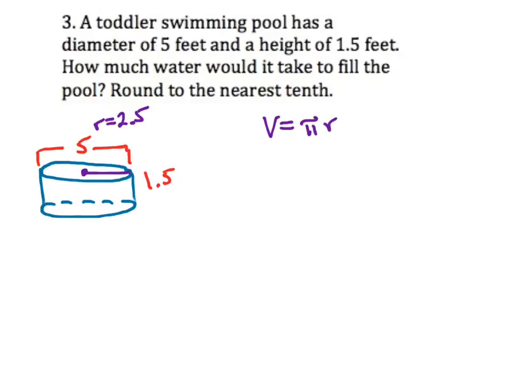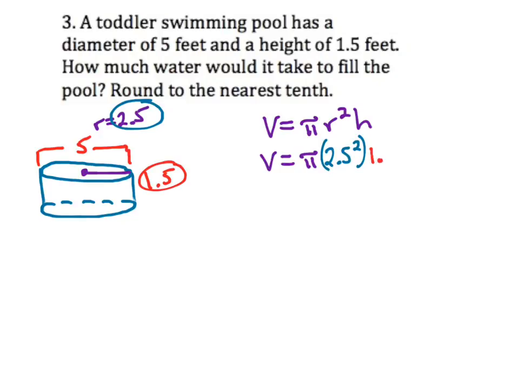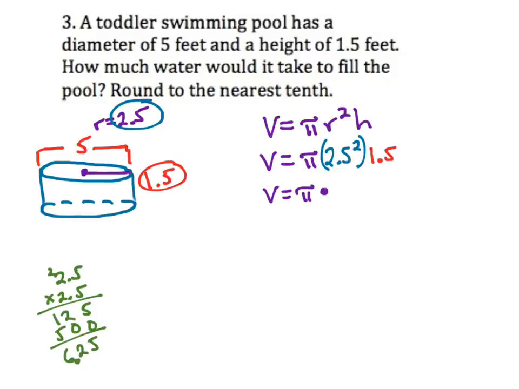Now we can write our equation and start plugging in our values. So there's our formula. Volume equals pi r squared h. Volume equals pi, still going to be pi. The radius is 2.5, so 2.5 squared. And the height is 1.5, so times 1.5. And now we just need to do the math. Volume equals pi times, what's 2.5 squared? 2.5 times 2.5 is 6.25.